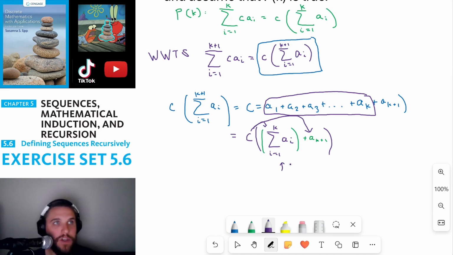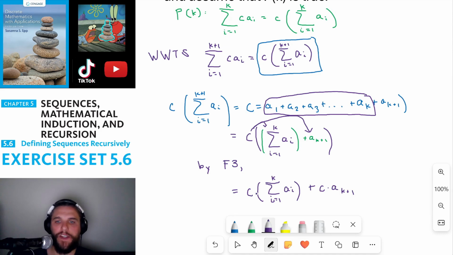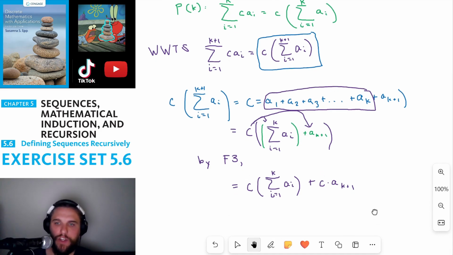And the way we do that is we can imagine parentheses around the summation to show that this is just one object. And we're distributing c to this one object, and then the other object, a sub k plus 1. So by the distributive law, which is labeled as F3, this is c times the summation from i equals 1 to k of a sub i, and then totally separately plus c times a sub k plus 1. We've distributed the c to both terms using the distributive law.